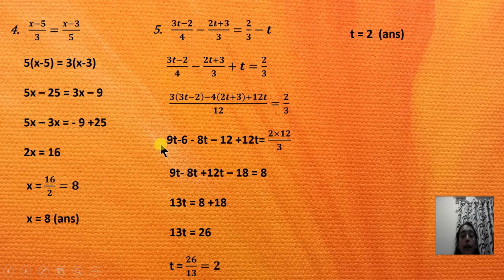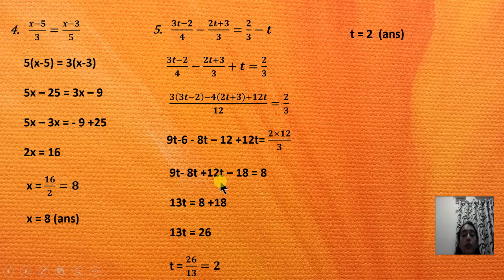Now I collect the like terms on one side and, as I told you, the constant terms also together. So now I know minus 6 and minus 12 is minus 18. I write down the terms with t together. 9t minus 8t plus 12t minus 18 is equal to 8.